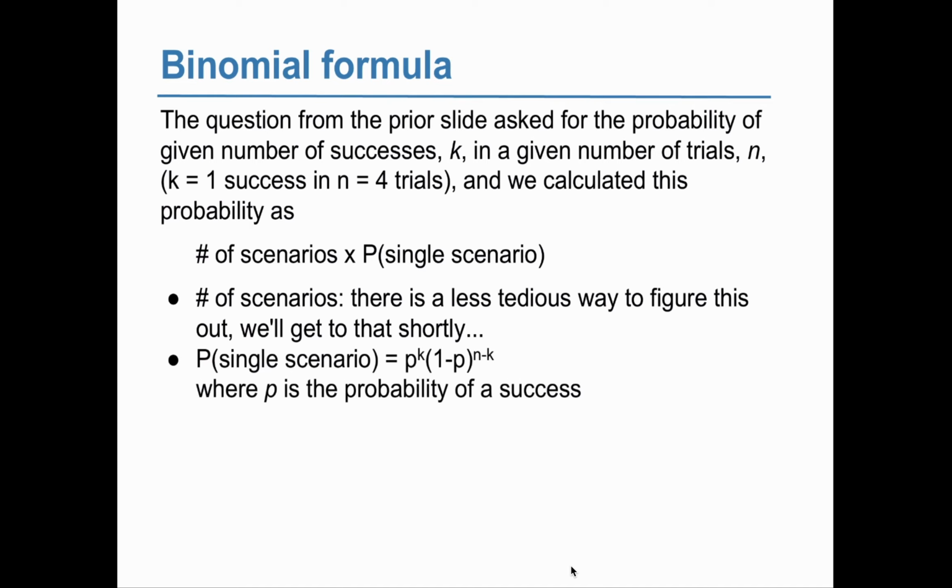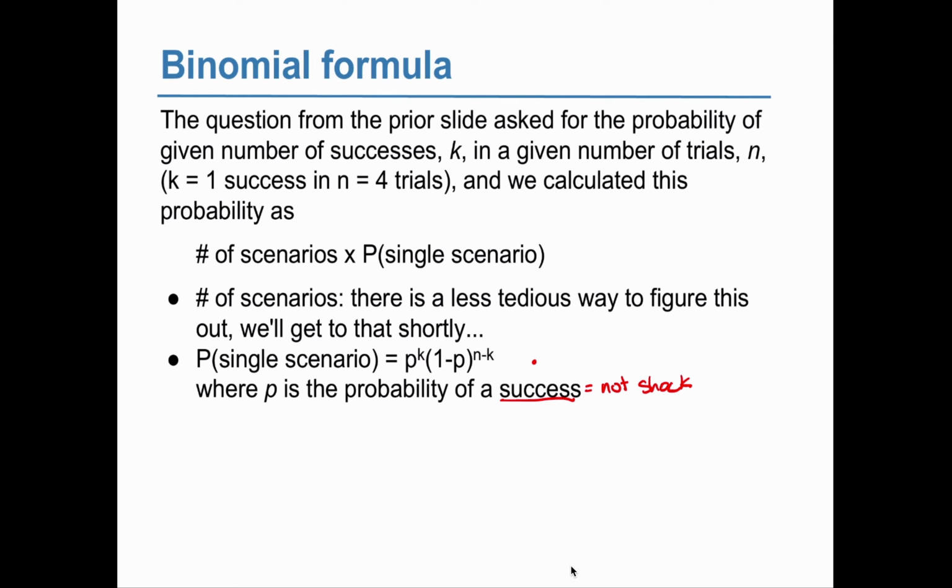So the probability of a single scenario is p to the k power times 1 minus p to the n minus k power, where p is the probability of success. For the previous example, success equals not giving a shock. 1 out of 4 people don't give a shock.